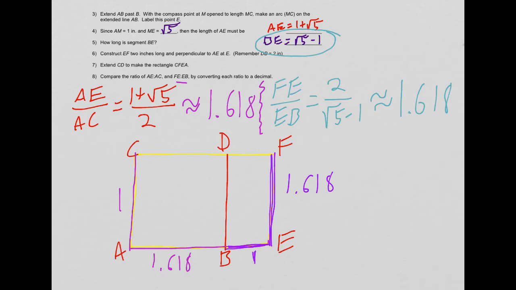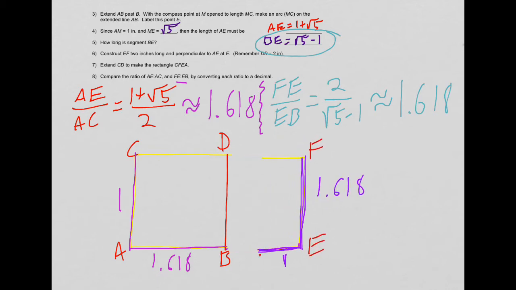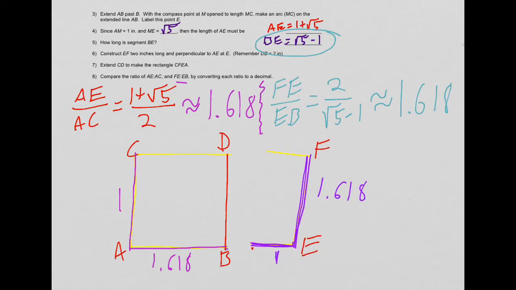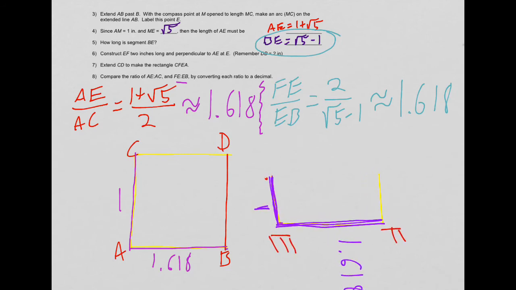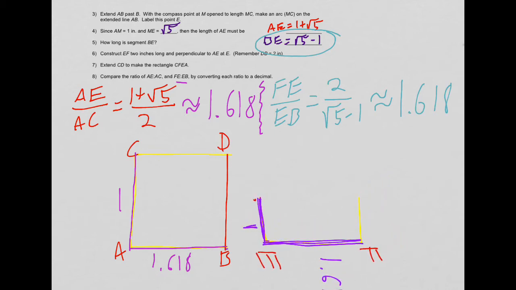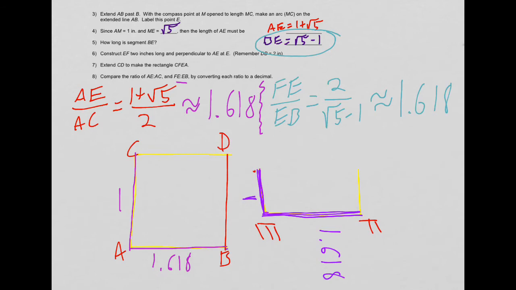Alright, so that's a little bit confusing. What's the significance of this? Let's take a look at it this way. If I were to take this part off now that I have my new rectangle, and I were to switch it here, now this rectangle would be exactly the same proportion as my old rectangle that this came off of. 1 and 1.618, right?